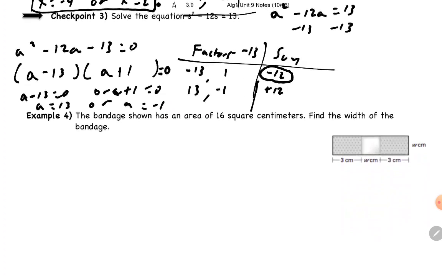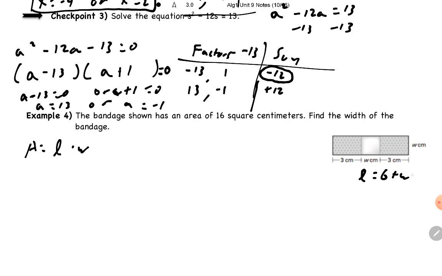The bandage shown has an area of 16 square centimeters. Find the width of the bandage. Okay. So remember, area equals length times width. So the length here is 3 plus 3, which is 6, plus w.